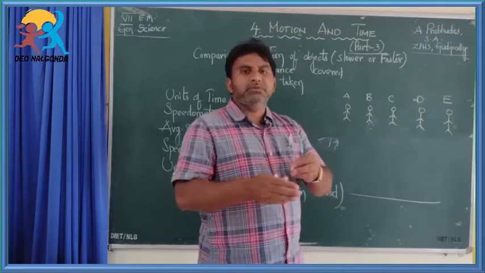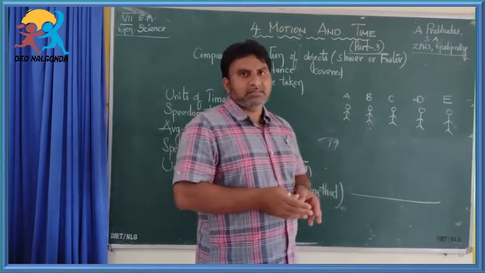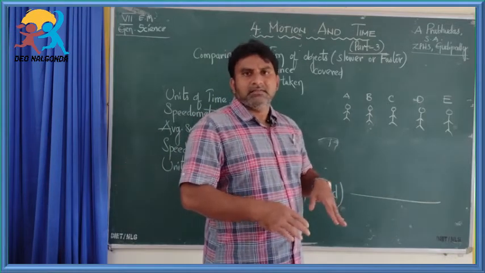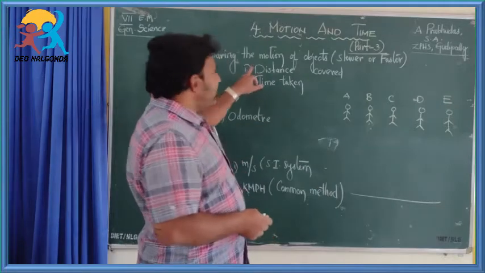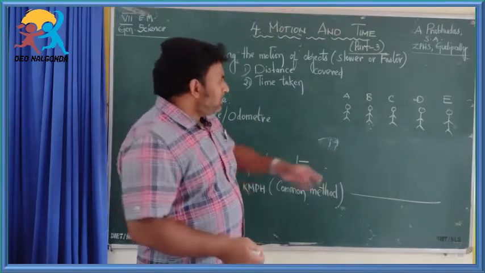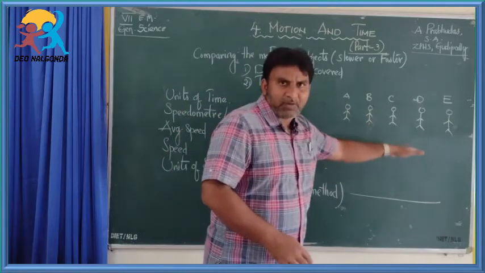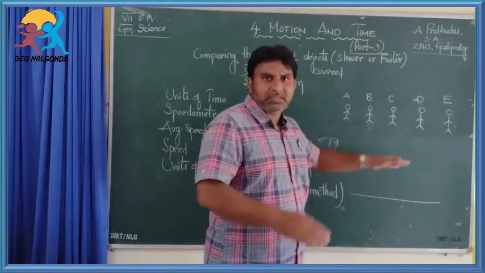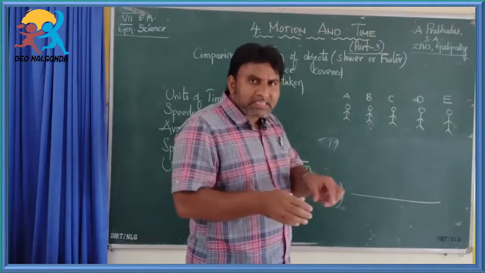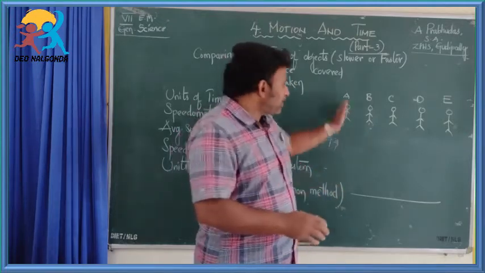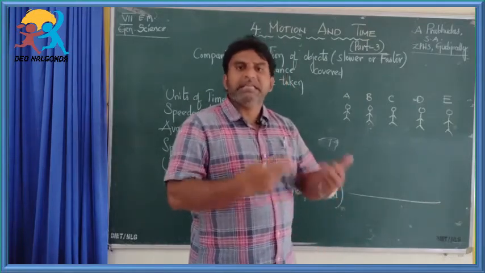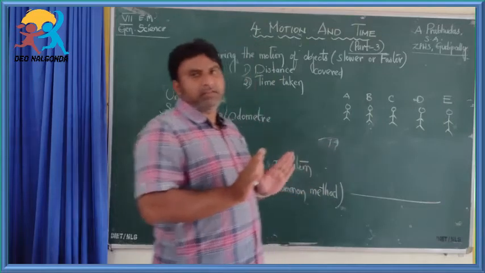After the starting of the race, all the students will run and they reach the finish line. Now how can you estimate which student has won the race? Simple, by calculating the time. The distance is same, all the students will have to cover the same distance, but the student who takes less time to reach the finish line will be declared the winner.